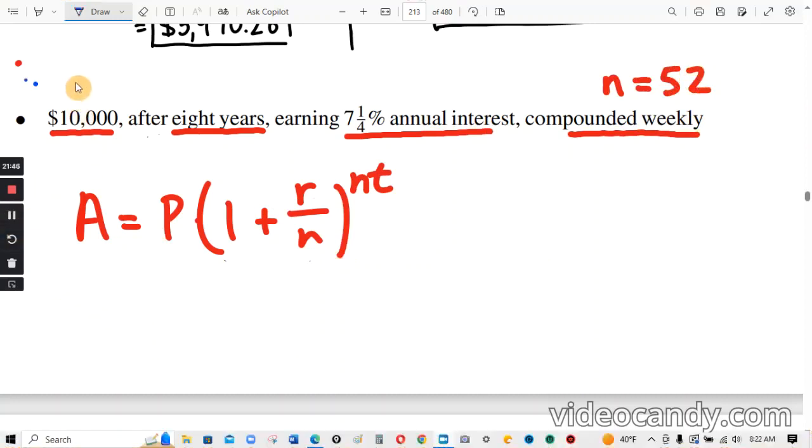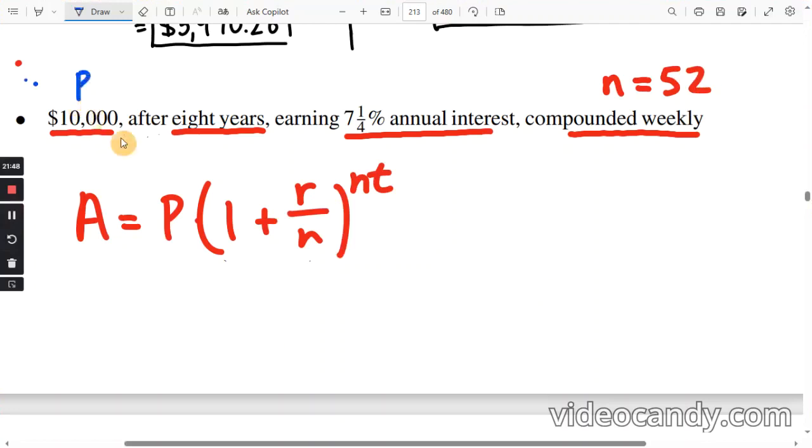All right, 10 grand is the principal amount, P. 8 years is T, the time. 7 1/4 interest is the same as 7.25, and if you move the decimal over 2 places, that's 0.0725.